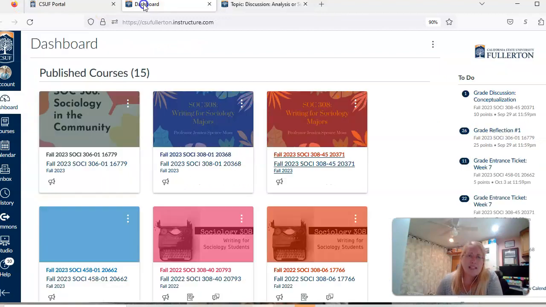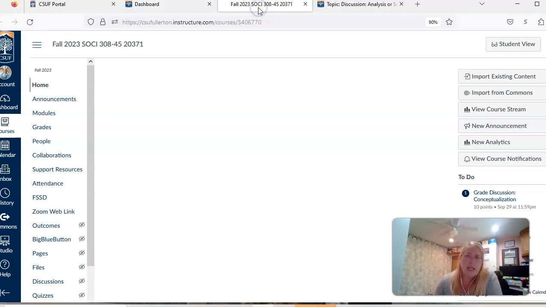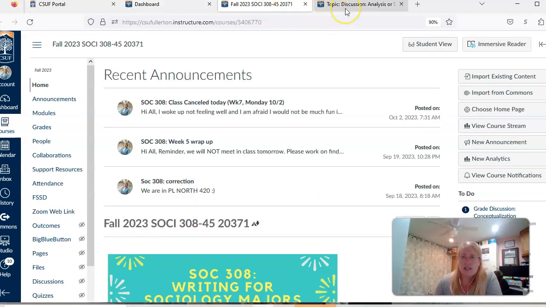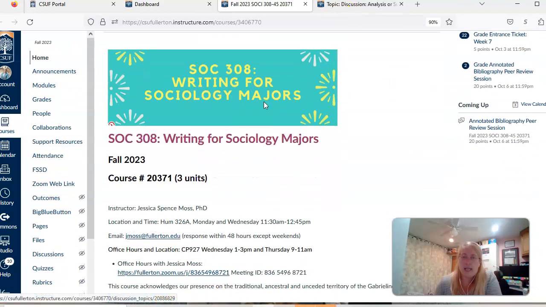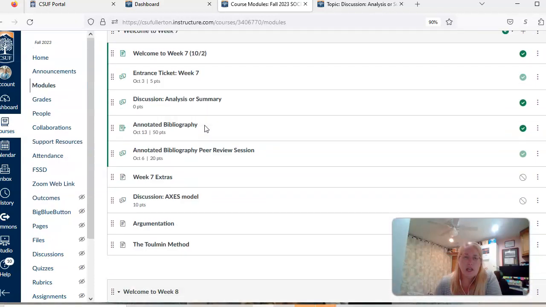Something that was asked at the end of class, and I will pull this up really quick, between this analysis and summary discussion, the announcement that I sent out on Monday, and then the actual annotated bib assignment sheet, I want to make sure everyone is clear that I'm asking for the same thing in all three of these places.